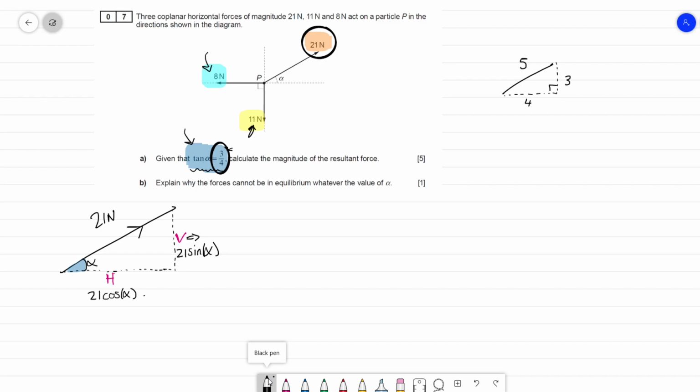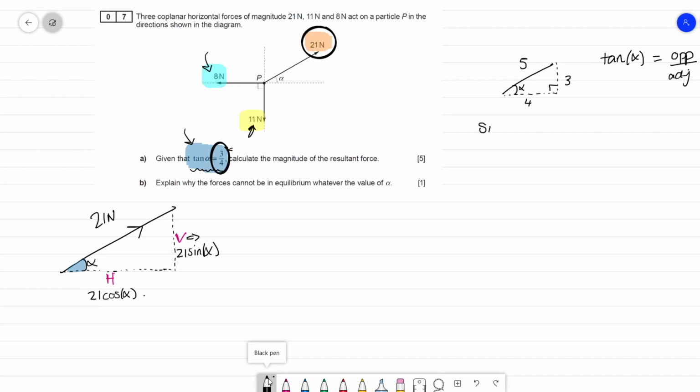Notice 3 squared plus 4 squared, 9 plus 16, is 25. And if you take tan, which is the opposite over the adjacent, the opposite is 3, the adjacent is 4. So it's part of the 3-4-5 triangle.